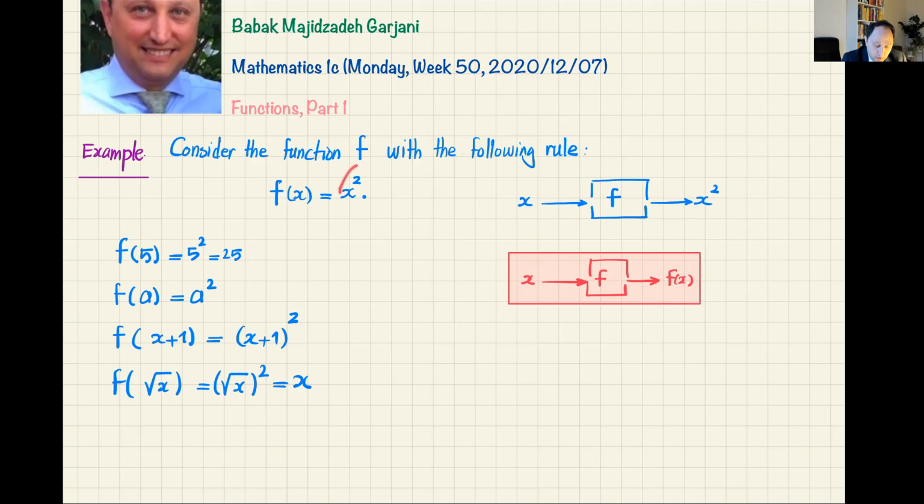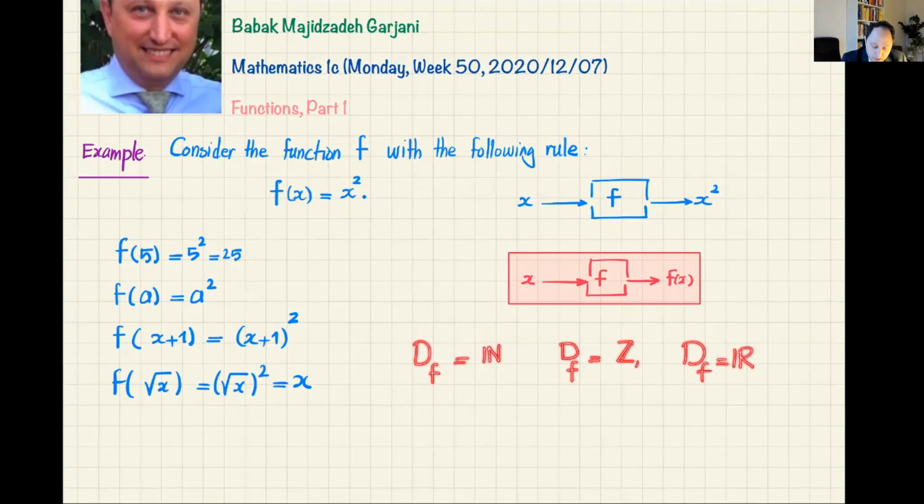Otherwise, squaring something except numbers doesn't make sense at all. But the domain could be the set of natural numbers. But there is no guarantee. The domain could be the set of integers. The domain could be the set of all possible numbers.